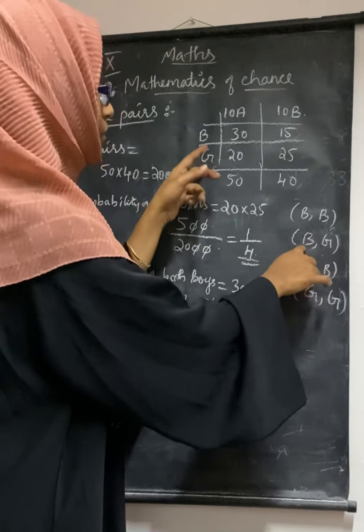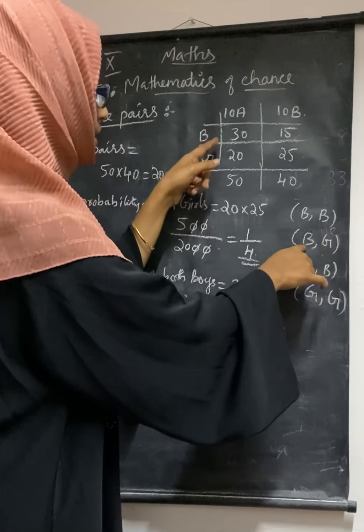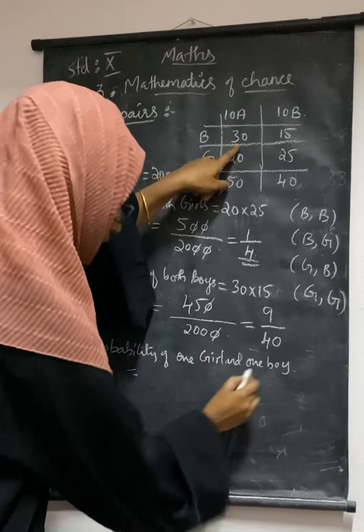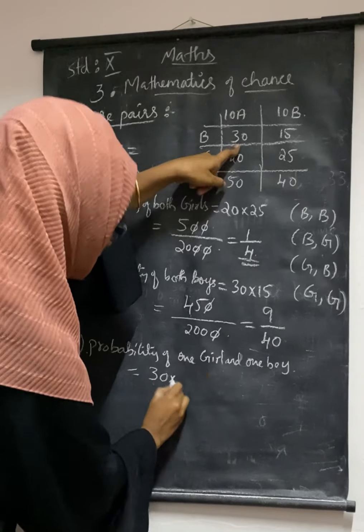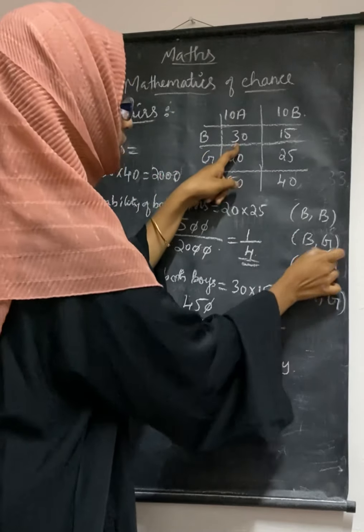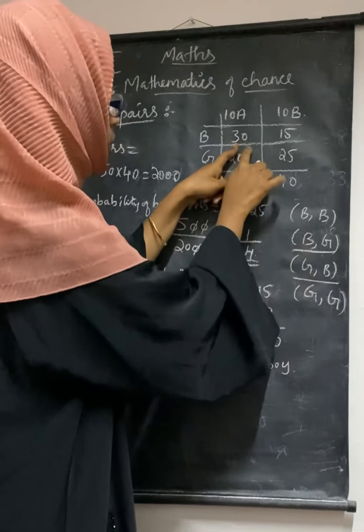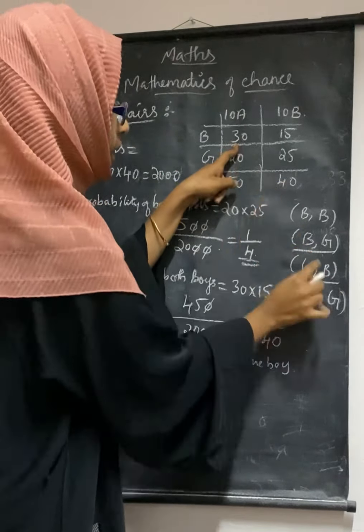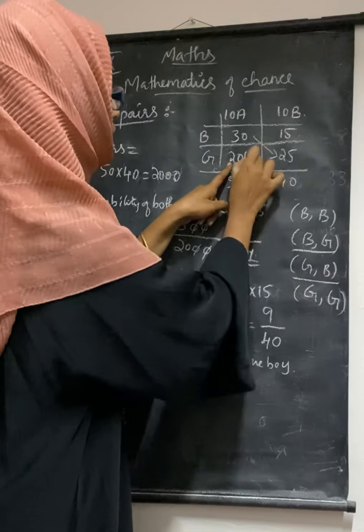First we will choose this one: one boy and one girl. That is 10th A boy, 30. So 30 I am writing here, into 10th B girl, 25. Plus 10th A girl, 20, and 10th B boy, 20 into 15.